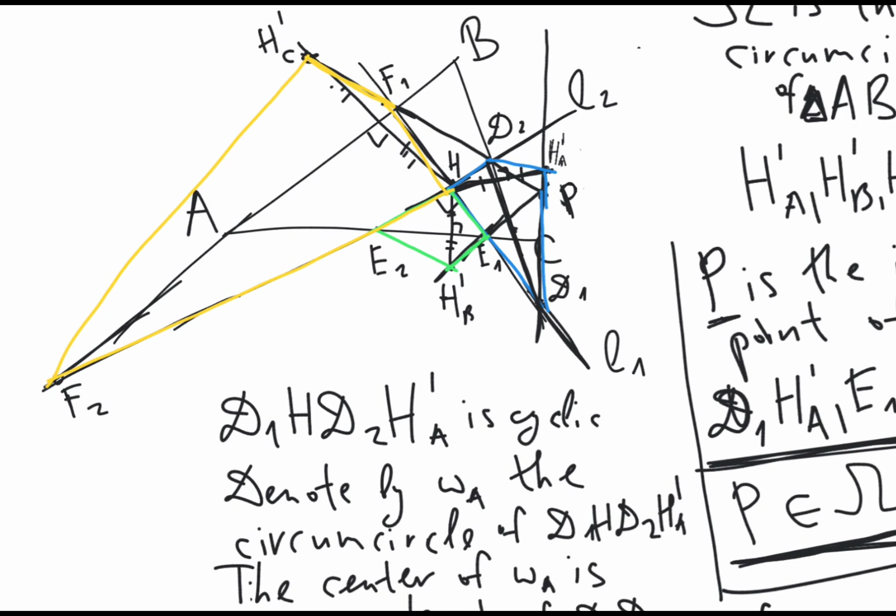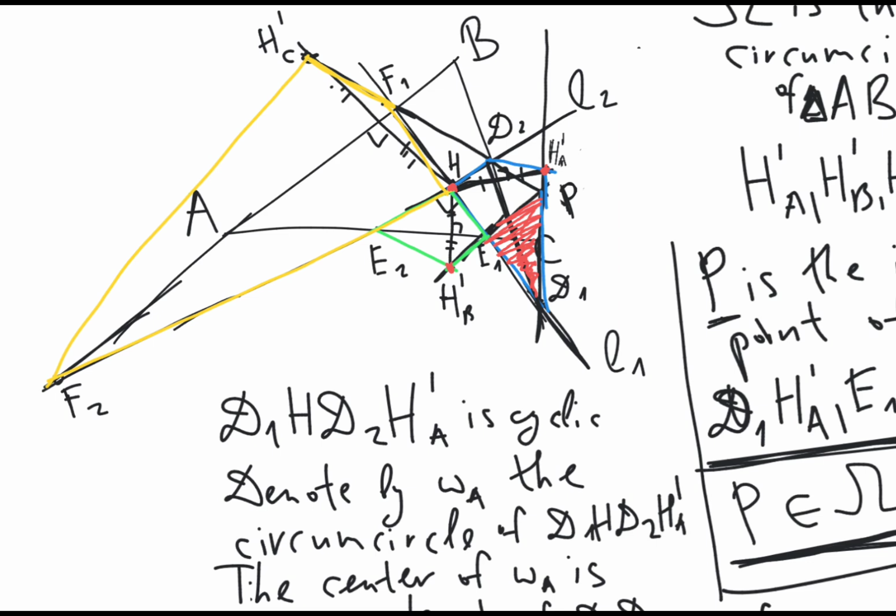So we will use it for this triangle, and for the points H, HB prime, and HA prime, what I highlighted in red. So the triangle and the points on the sides of this triangle, in this case on the extensions of the sides. All three points lie on the extensions of the sides.